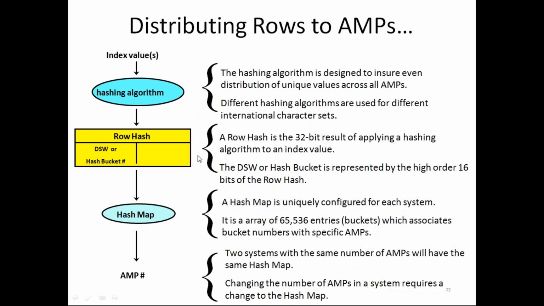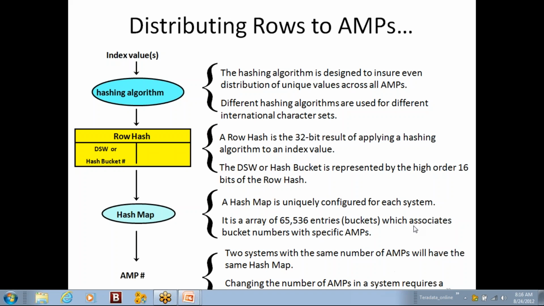Okay, so when we insert the data, there are two scenarios in which we may have duplicate hash values generated. Can we guess what those two situations are when we get duplicate row hash values while inserting rows? The first one is when we have a non-unique primary index and we are allowing duplicate index values in the primary index.